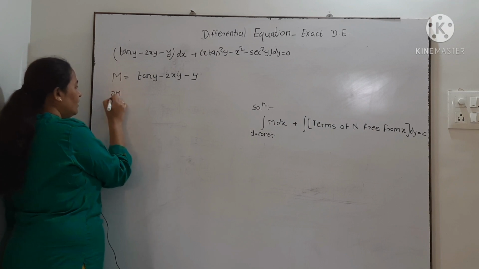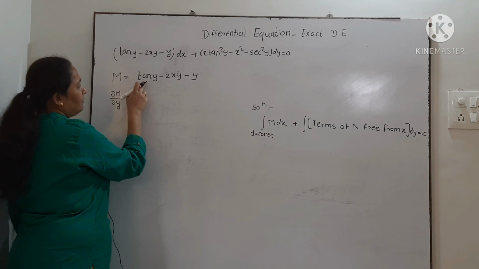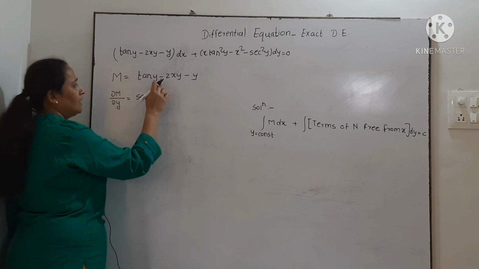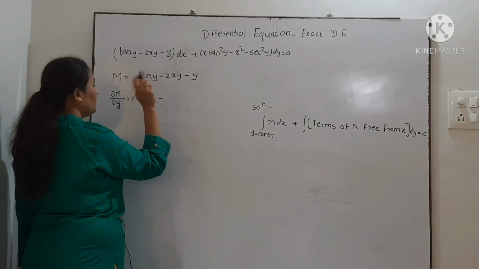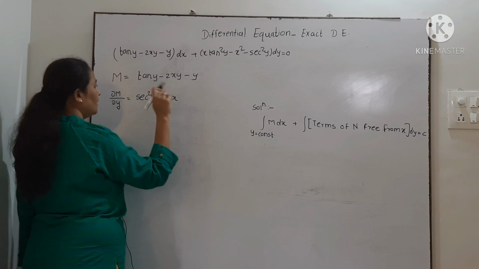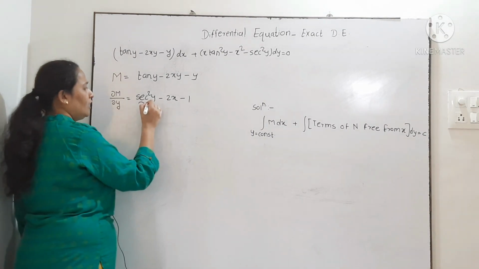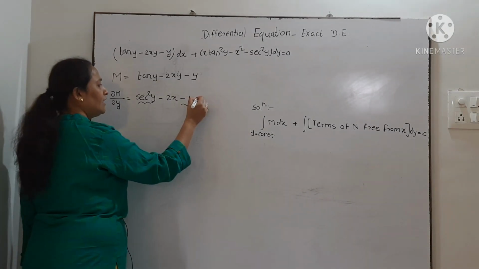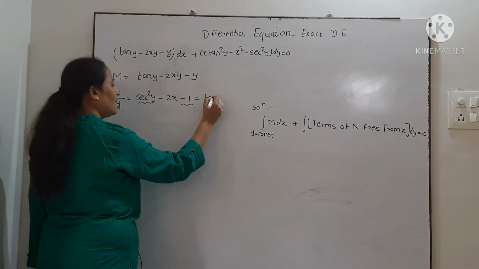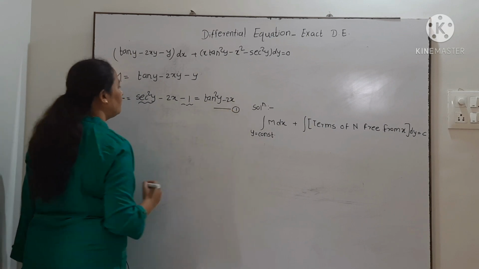If I find its derivative with respect to y, ∂M/∂y, derivative of tan y is sec square y, minus derivative of 2xy with respect to y is minus 2x, and derivative of y with respect to y is minus 1. So it is sec square y minus 1. If we use the second identity of trigonometric functions, sec square y minus 1 is nothing but tan square y, minus 2x. So this is equation number 1.